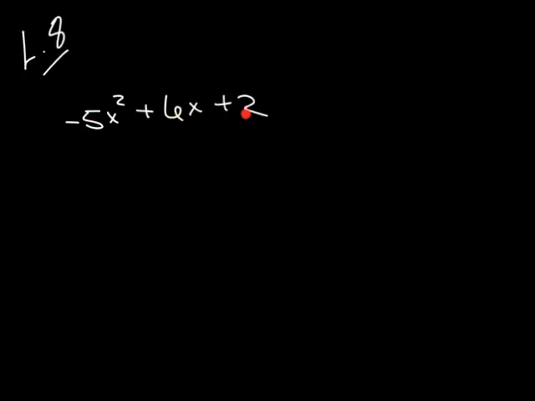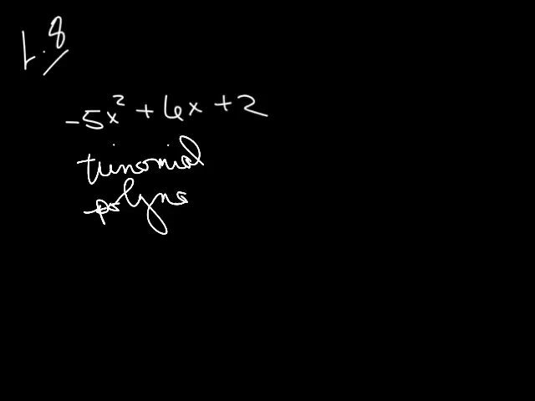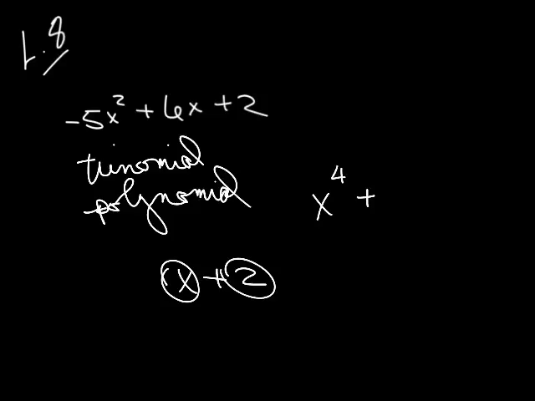So we have 3 terms here, which makes it a trinomial, or you could also call it a polynomial. I don't care which you call it. If we had 2 terms, like x plus 2, we have 1, 2, it's called a binomial. If I had x to the 4th plus 2x, again, I have 2 groups of symbols separated by a plus sign, so that's a binomial.